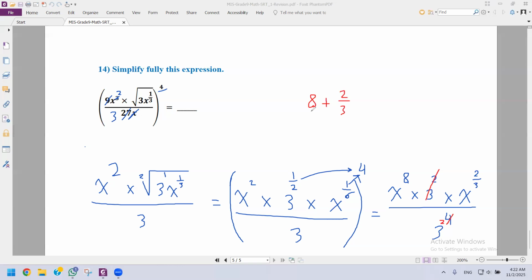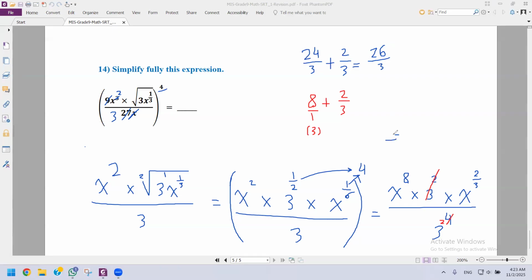So this is 8 over 1. How can I make it 3? You multiply here by 3. What is 8 times 3? It will be 24 over 3 plus 2 over 3. What is it? We add only the numerator, 26 over 3.